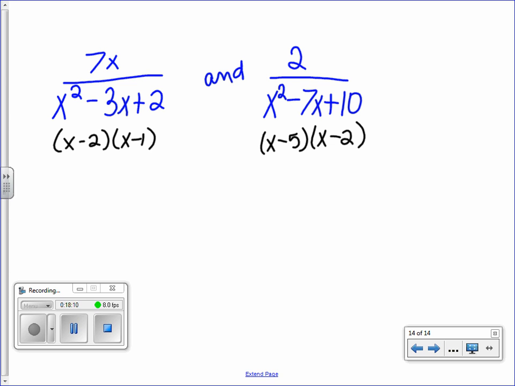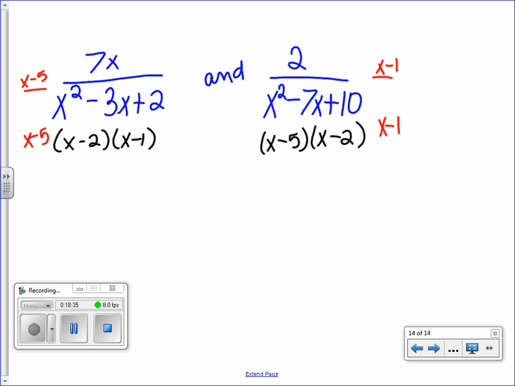Okay. So, what does this one not have that this one does? Right? So you would have to multiply times x minus 5 over x minus 5. And what about this one? What does it not have that the other one has? So you would be multiplying times x minus 1 over x minus 1.